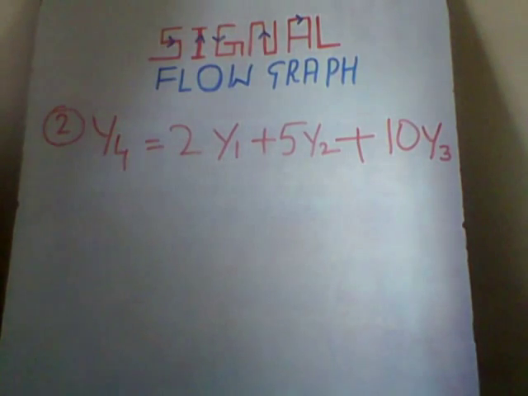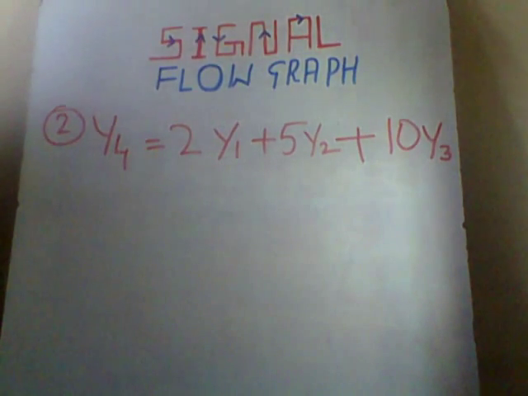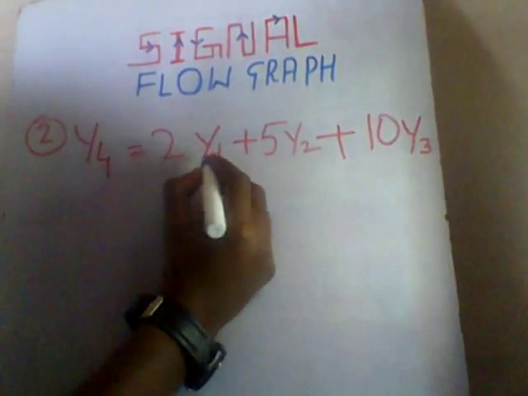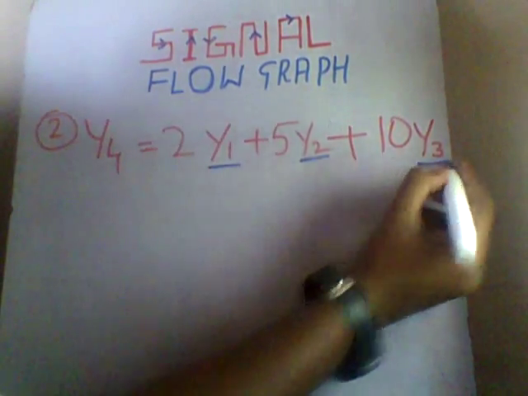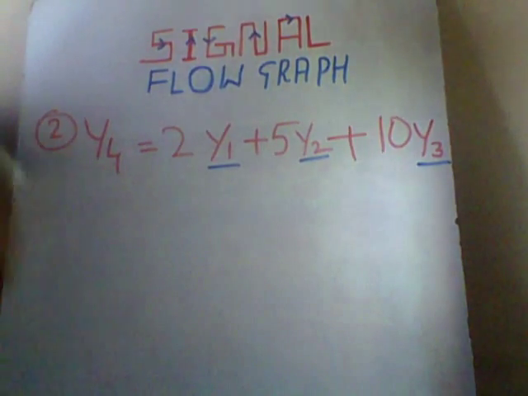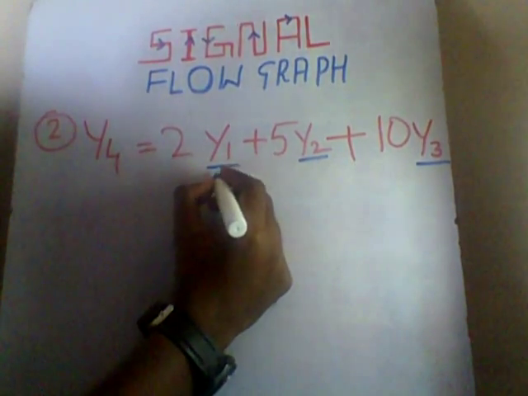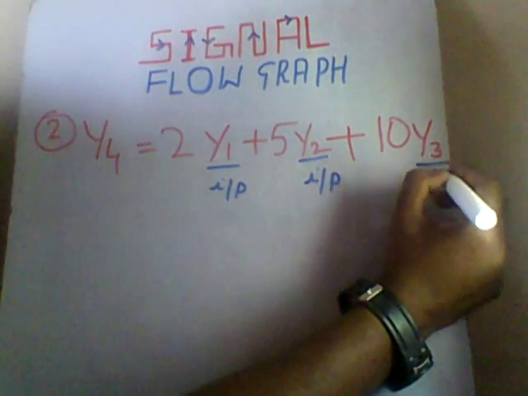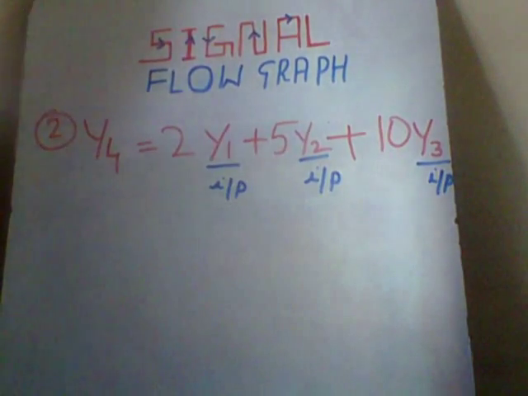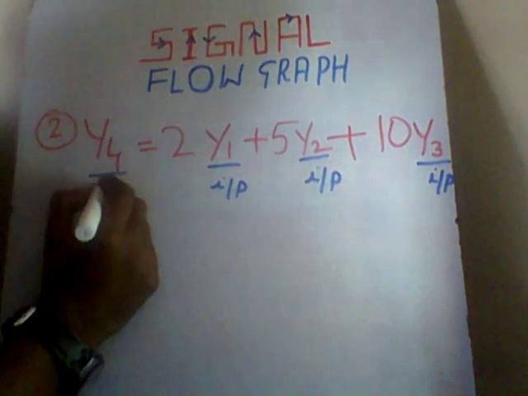I think you are now ready to solve this question. Okay, now let me solve the problem. Here, as I said earlier, these variables are on the right side of the equation, so they are inputs. y1, y2, y3 are inputs of the system, and y4 is the output of the system.